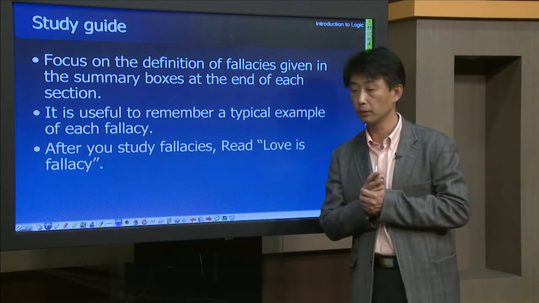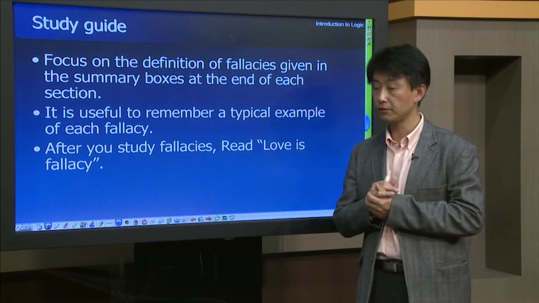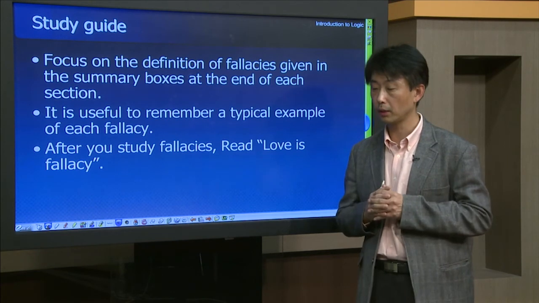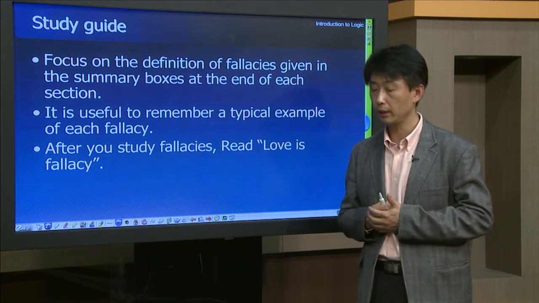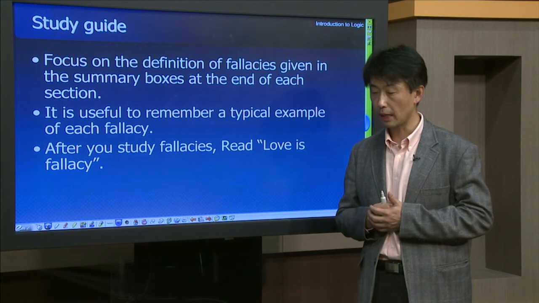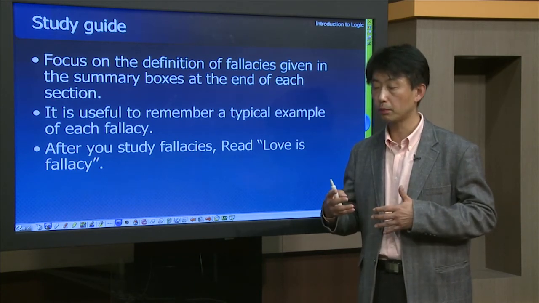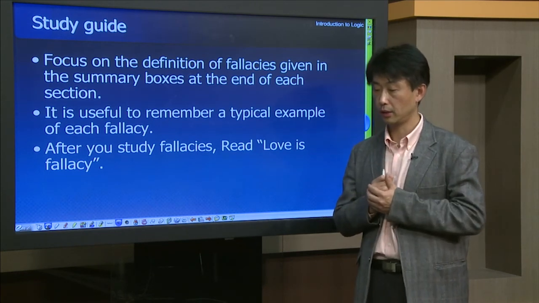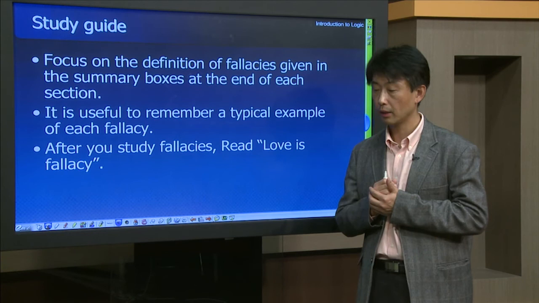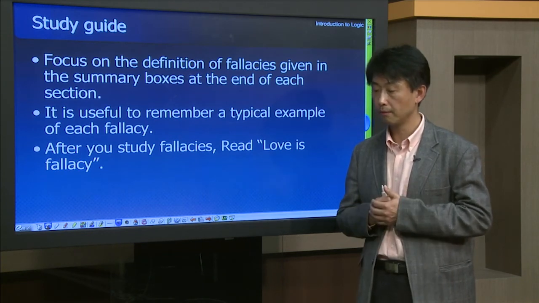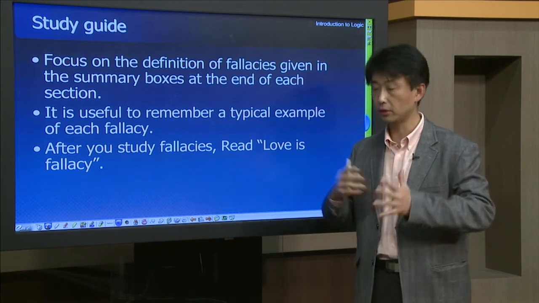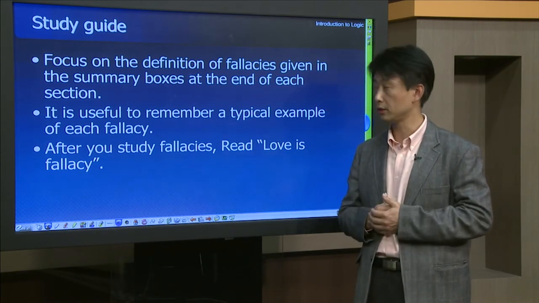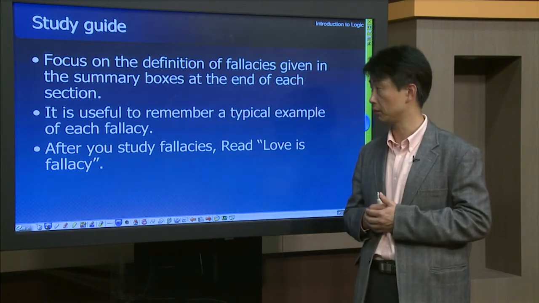In the textbook, the author gives very detailed explanations and provides many examples of each fallacy, but in addition, the author also provides a concise summary of all the fallacies discussed. You can see the summary at the end of each section, and that is very useful.